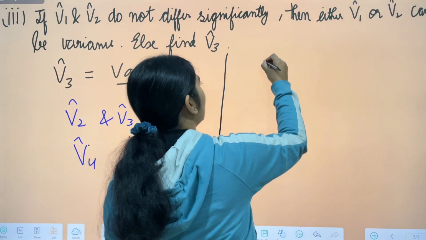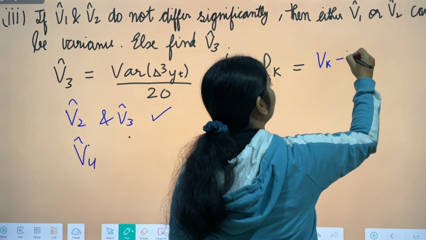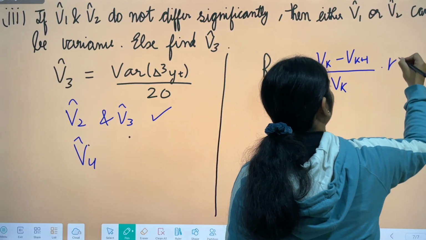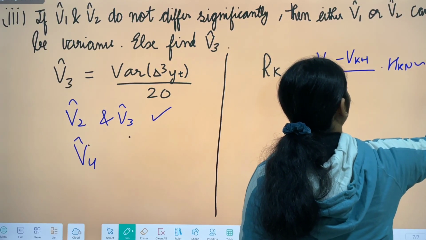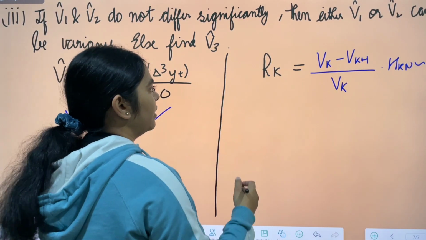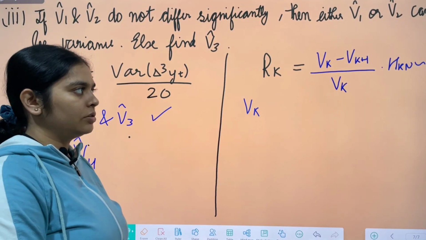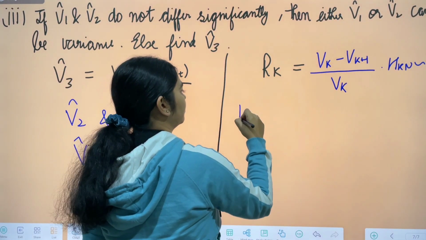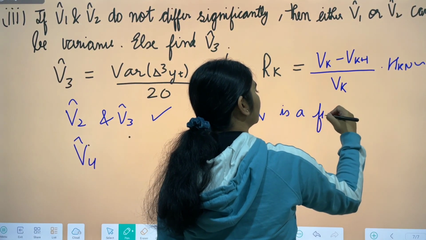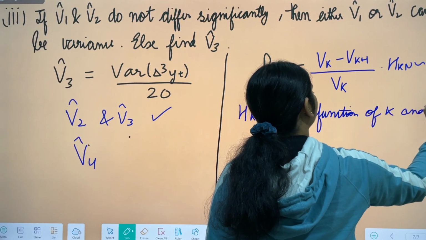The test statistic is r_k, which equals (v_k minus v_{k+1}) upon v_k into h(k,n), and this follows a normal distribution 0 to 1. We have to find r_k, where v_k and v_{k+1} are the variances of the k-th term and (k+1)-th term, and h(k,n) is a function of k and n.